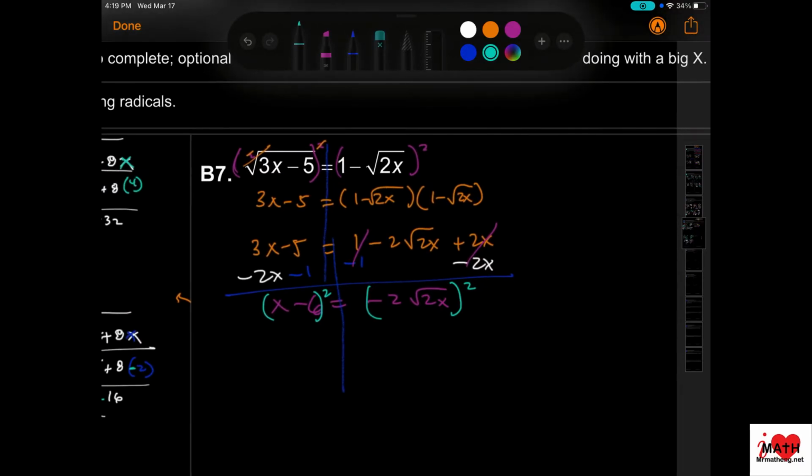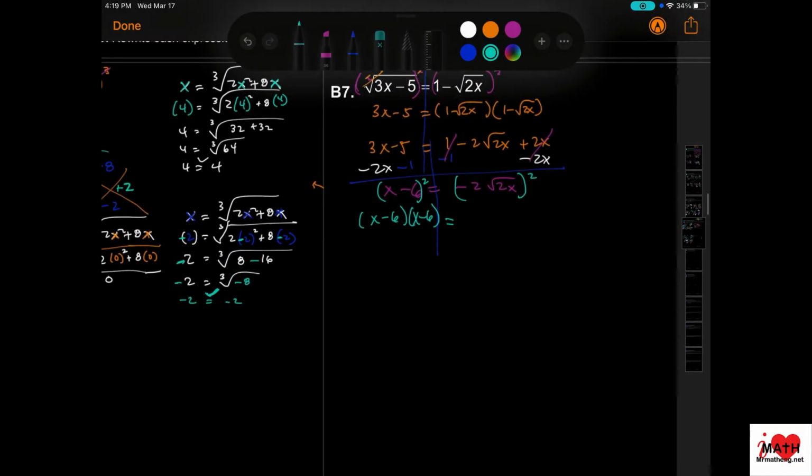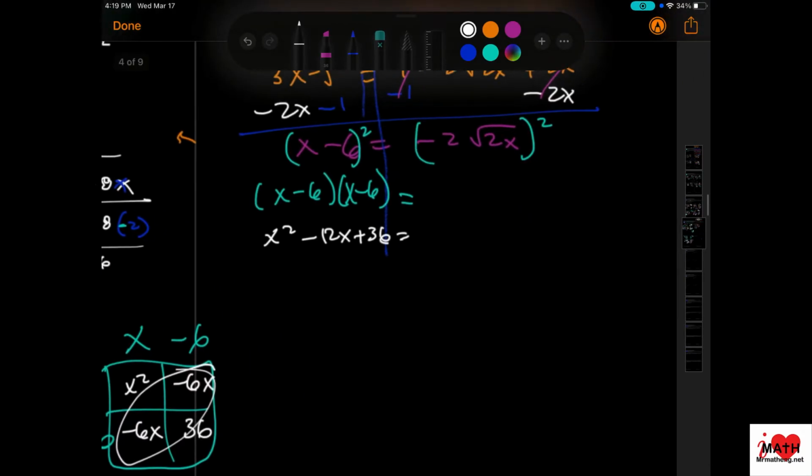Okay, again, x minus 6 on this side. When you use your box method, let's do it over here, I've got space. X squared, negative 6x, negative 6x, and positive 36. Combine like terms, you get x squared minus 12x plus 36. Remember, you multiply and then you add.